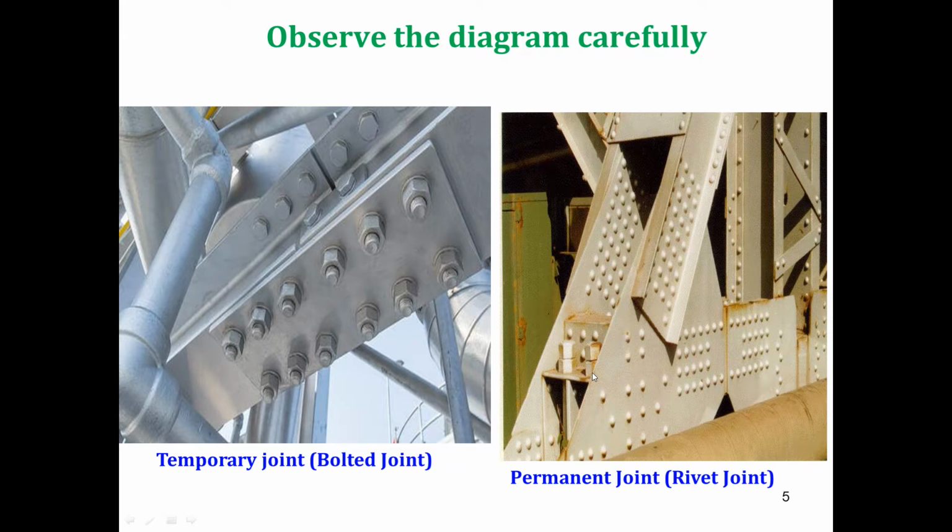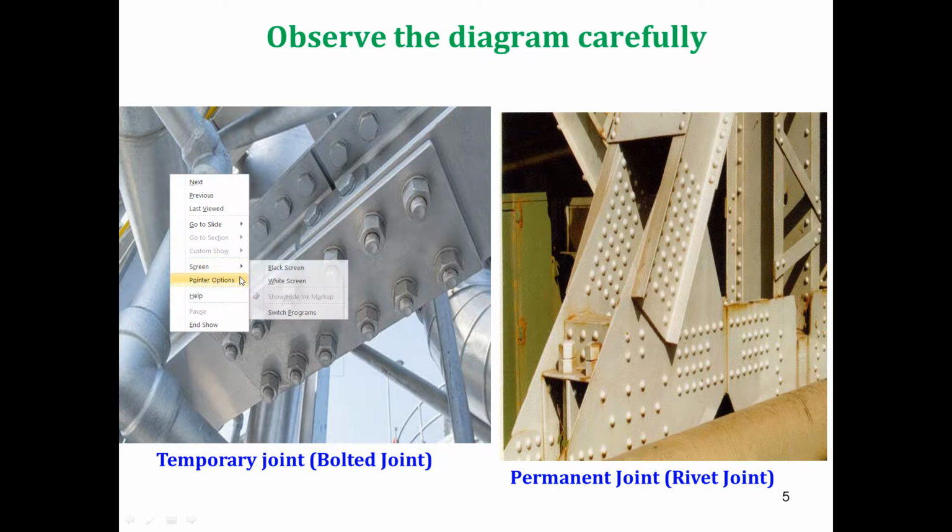Why I am telling it as temporary and why as permanent, there is a reason. Before understanding that, first let us understand why we need a joint. We need a joint to join two parts.